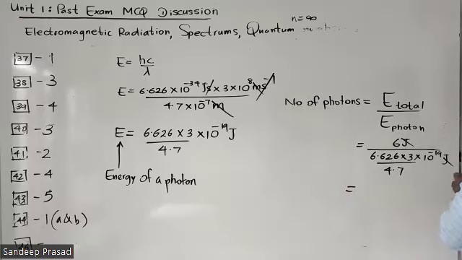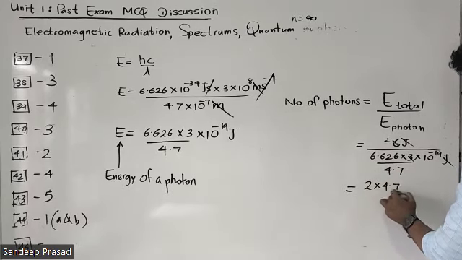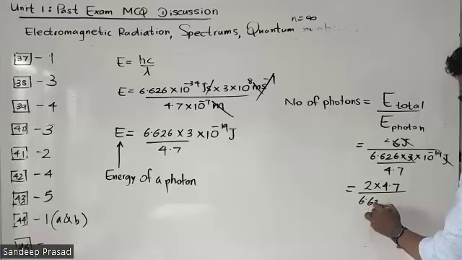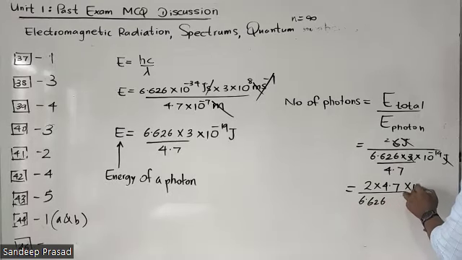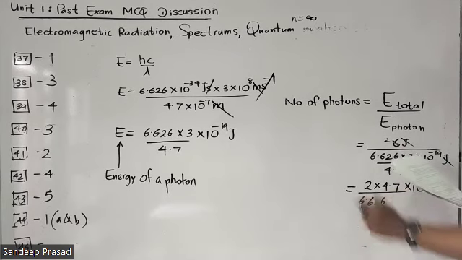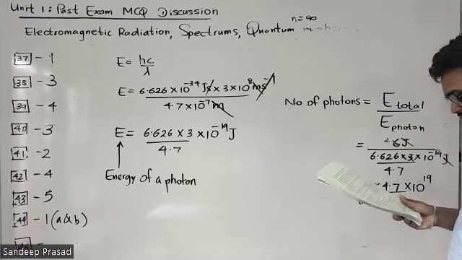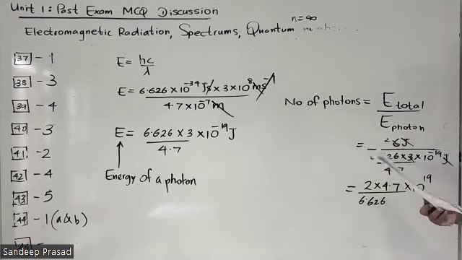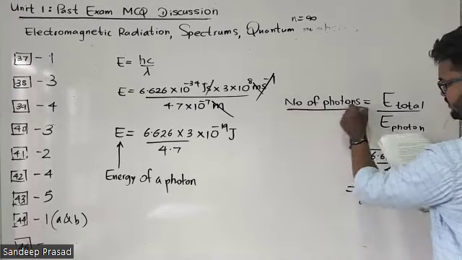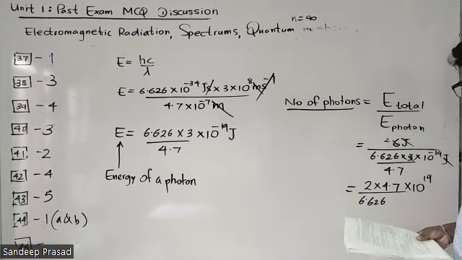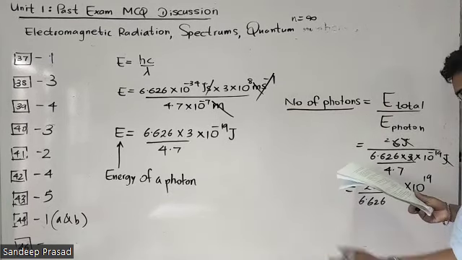So joules will cancel off here. 2 into 4.7 divided by 6.626 into 10 to the power minus 9, that is 10 to the power plus 9. So these are the number of photons, students. Can you understand? A lamp produces 6 joules of energy per second. These are the number of photons releasing that energy per second.